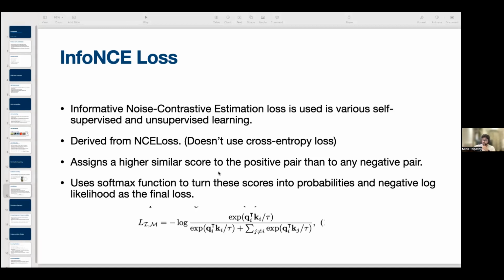And this whole expression is put into an exponential, which basically means it can't be negative, divided by the same expression summed over the similarity of the images with the modalities which are not similar to the images, like images with, for example, text which are not similar to each other.